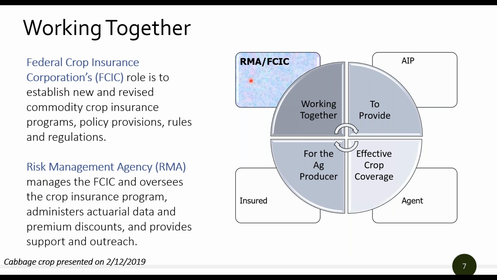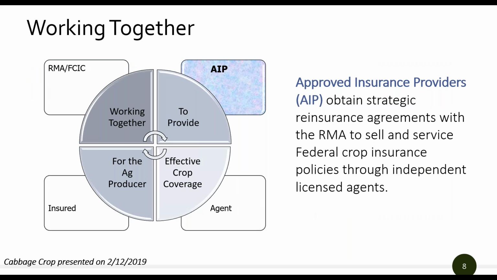Some of the roles that FCIC plays is to establish new and revised commodity crop insurance programs, policy provisions, rules, and regulations. The Risk Management Agency manages the FCIC and oversees the crop insurance program in addition to administering actuarial data, premium discounts, and provides support and outreach.